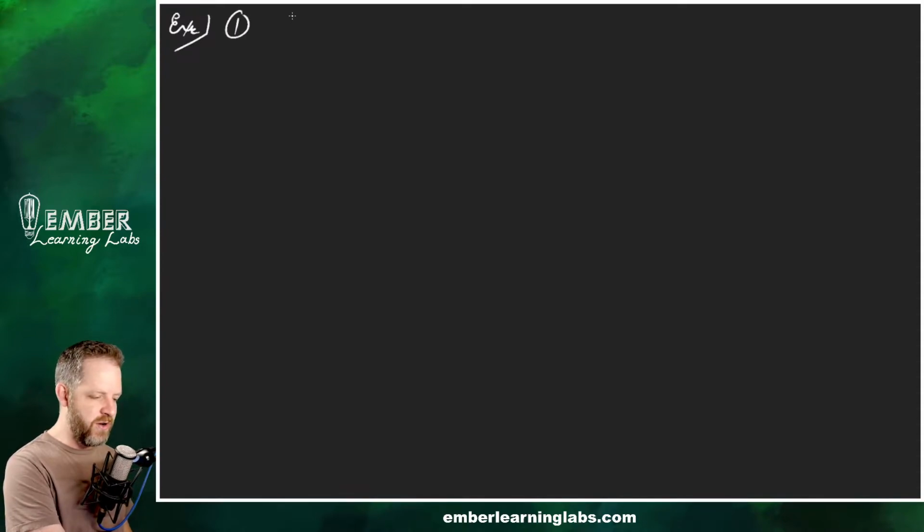Let's start with an example. So we're going to do some examples. Example 1 is going to have the same instructions as all of these, and that is solve by substitution.